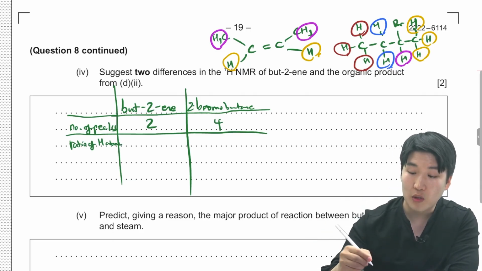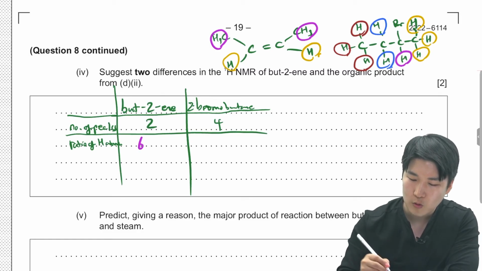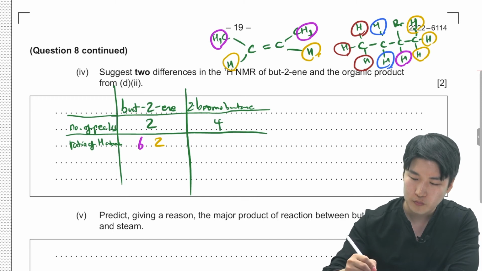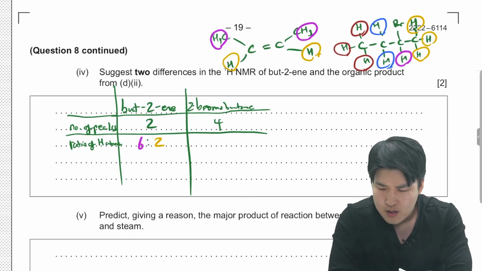We will have a 6:2 ratio for our but-2-ene.